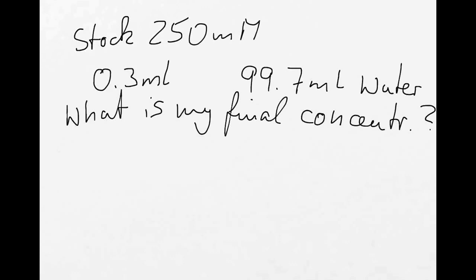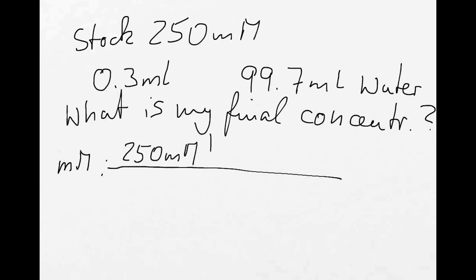Okay, so what are we looking for? Our concentration, we have millimole or millimolar. Let's just write it down as millimolar. We are looking for the millimolar, that's the concentration. Do we have anything with millimolar in it? Yeah, of course we have. We have 250 millimolar. We take 0.3 milliliter, and we have that in a total volume of 100 milliliter.